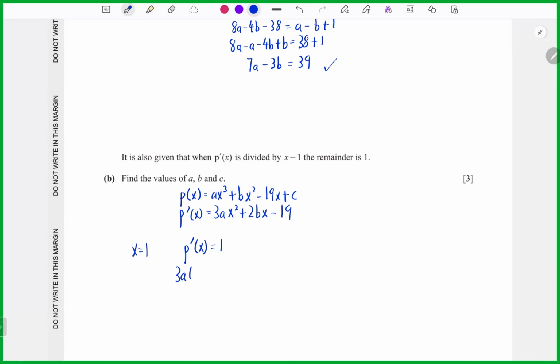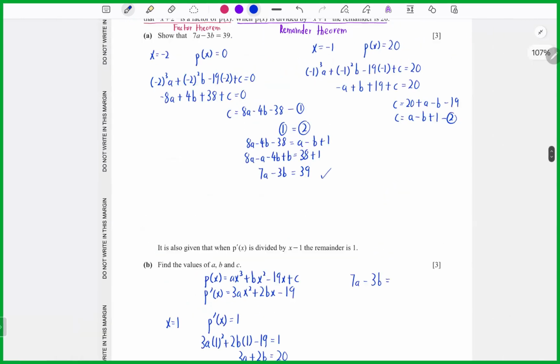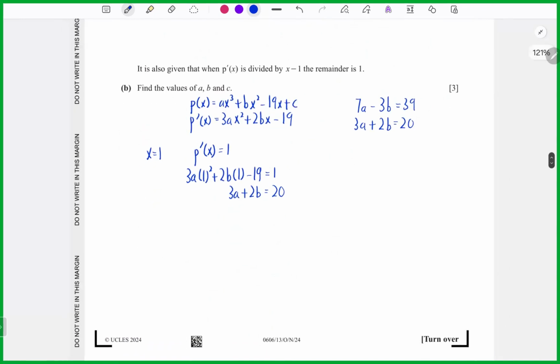So 3a times 1 squared plus 2b times 1 minus 19 equals 1. So 3a plus 2b equals 20. Then we can solve using linear simultaneous equations.